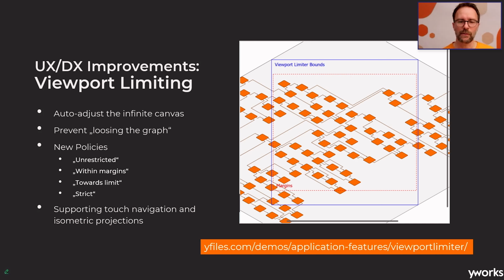You can still disable that feature and get the infinite canvas, but now the size of the canvas will automatically adjust to your contents, and when navigating, you should not be able to lose your graph as quickly as before. So this works both with touch navigation, with keyboard navigation, and with mouse, of course, and also works with isometric projection, as we see here in this example.